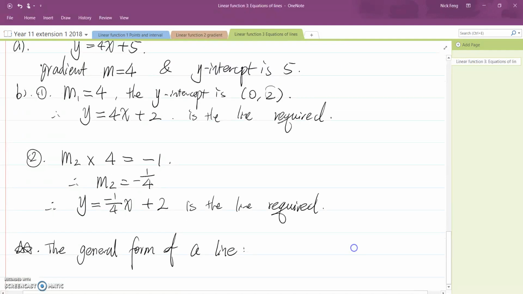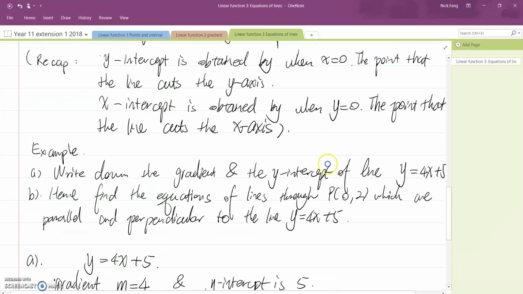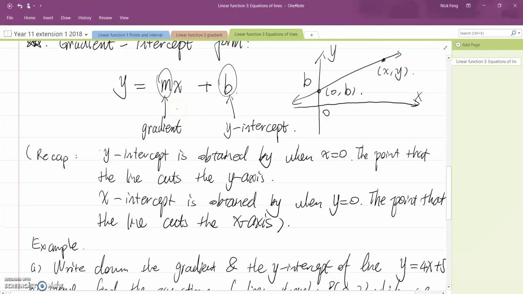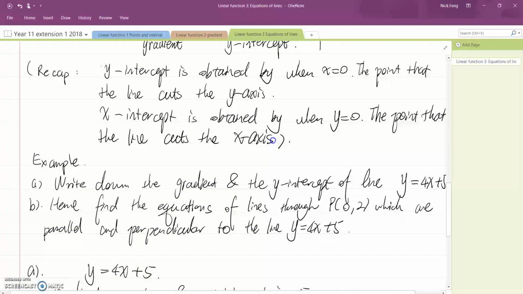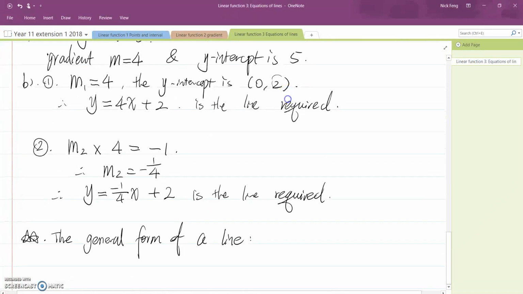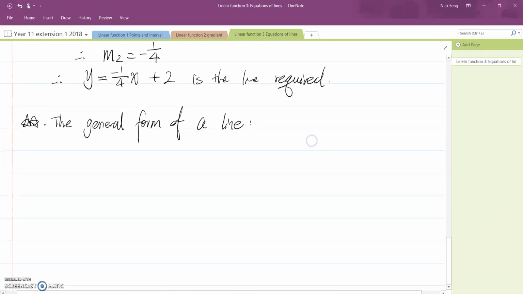The general form is not the same as gradient intercept form, y equals mx plus b, which has y on the left hand side and x on the right hand side. On the other hand, in the general form, we put all the x and y terms on the left hand side, leaving a 0 on the right hand side. It has a form like ax plus by plus c equals 0.